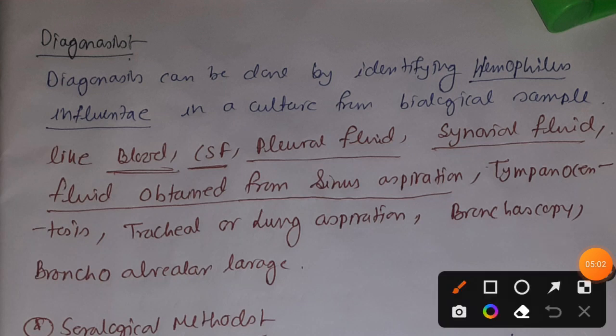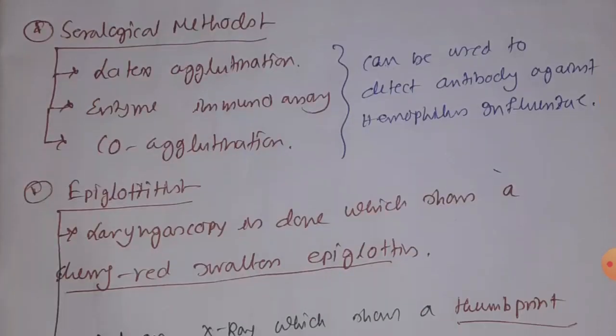So we can perform the biological technique where we are culturing biological samples, for example blood, cerebrospinal fluid, pleural fluid, and fluid obtained from sinus aspiration, tympanocentesis, tracheal or lung aspiration, bronchoscopy and bronchoalveolar lavage.